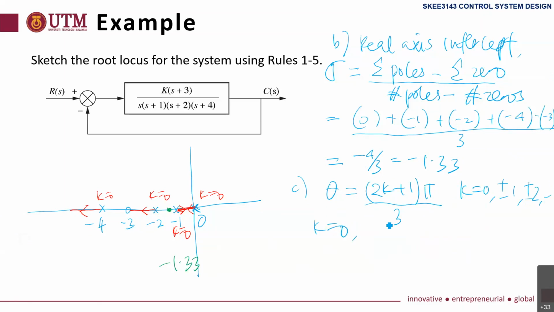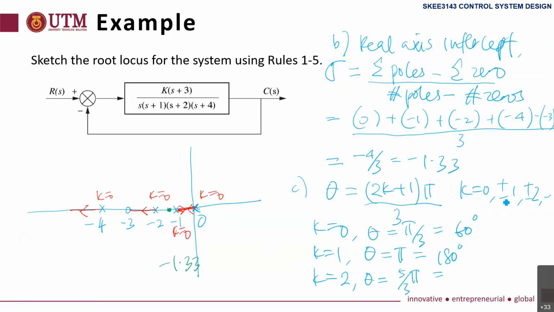When k is 0, theta is pi over 3, 60 degrees. When k equals 1, theta is 3 over 3 pi, 180 degrees. When k equals 2, theta is 5 over 3 pi. You will get 300 degrees.